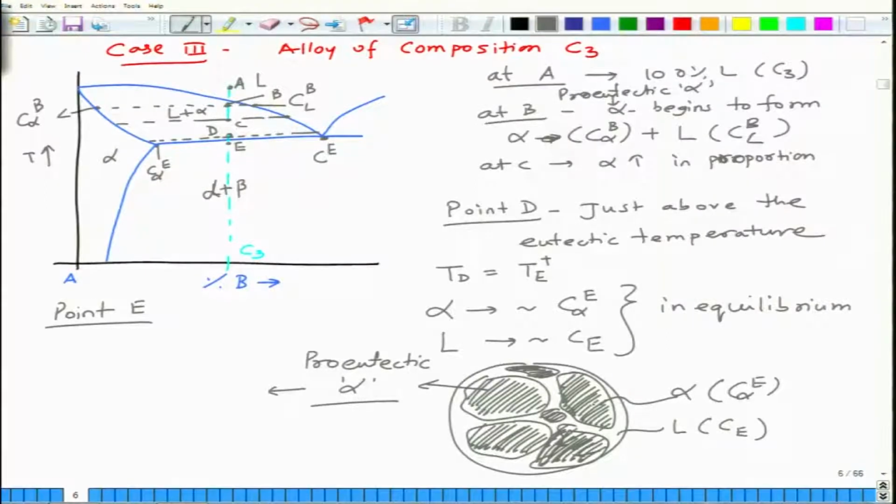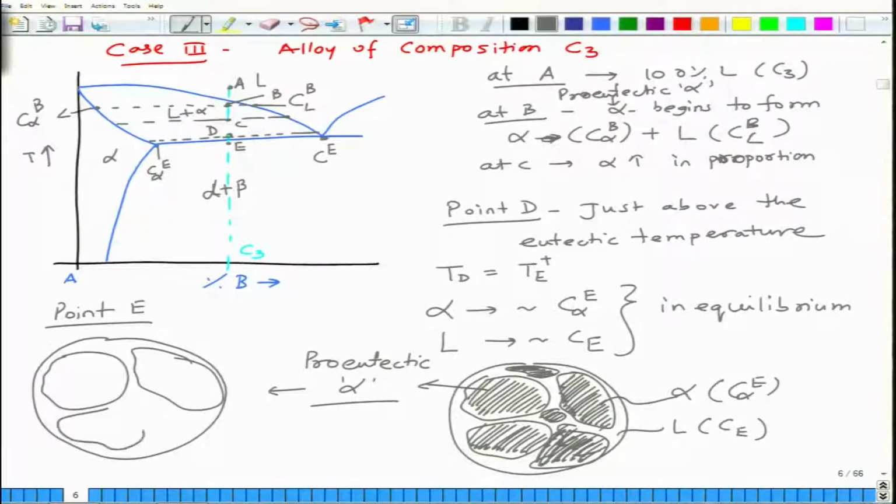this alpha remains as it is, but the liquid undergoes this eutectic reaction and converts into a mixture of alpha and beta. So the microstructure looks something like this. You had these alpha grains. I will try to draw nearly similar ones.